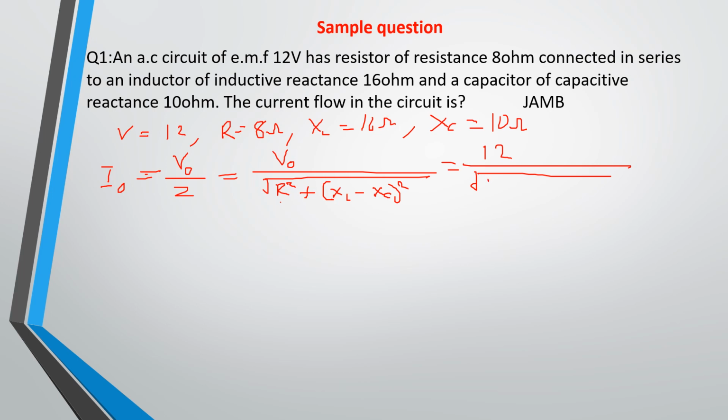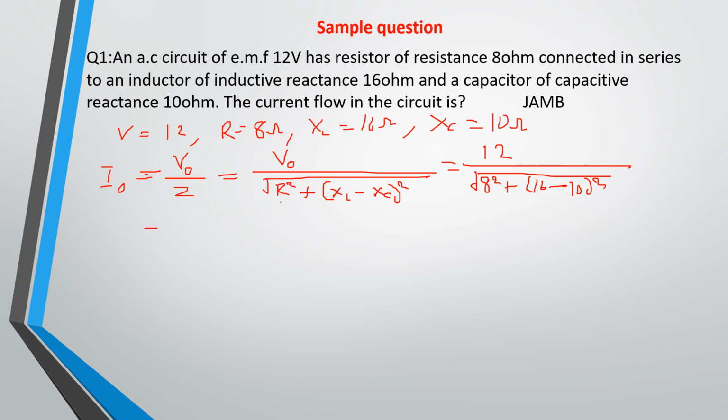Resistance is given to be 8, squared, plus XL 16 minus XC 10, bracket squared.